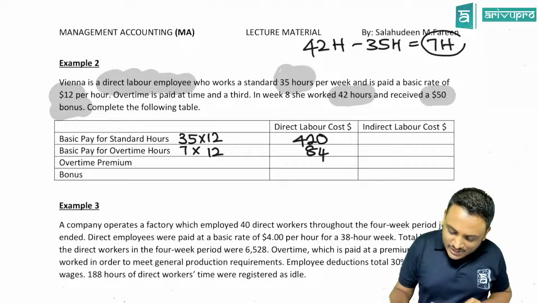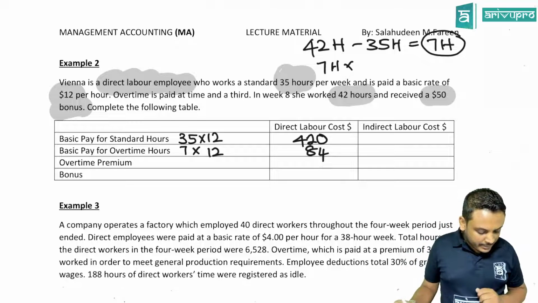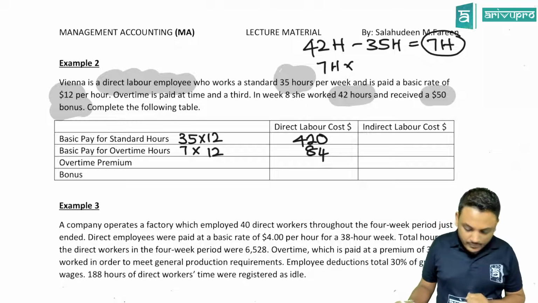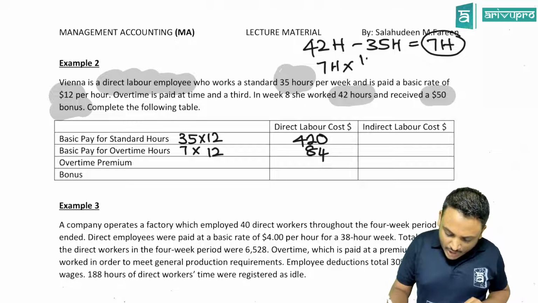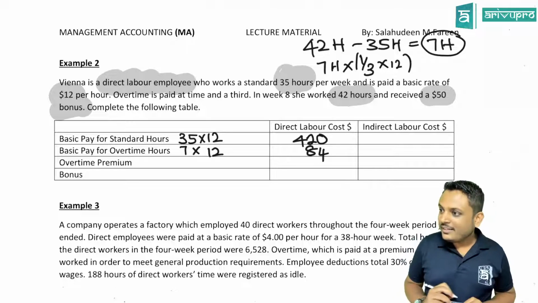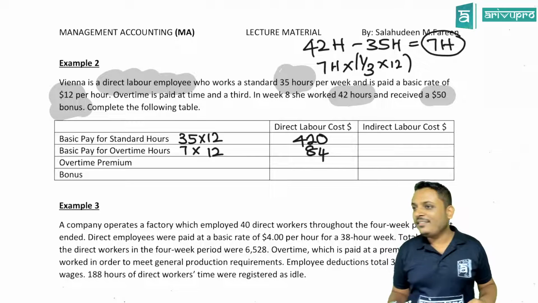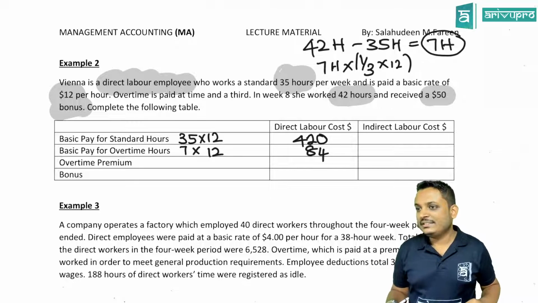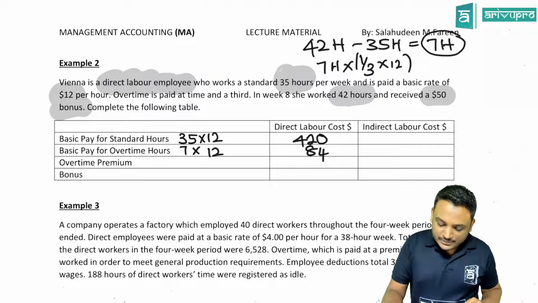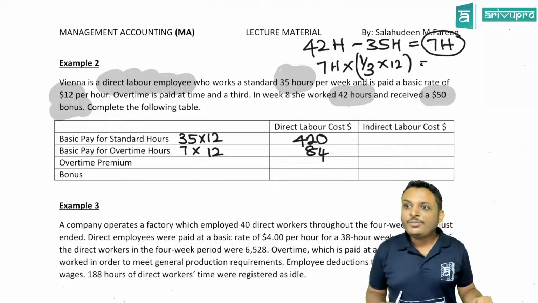Overtime hours how much? 7 hours, multiplied by the overtime premium. Premium how much? 1/3 of 12. I told you, right? Don't always take 1.5. Sugi, how much is 1/3 of 12?